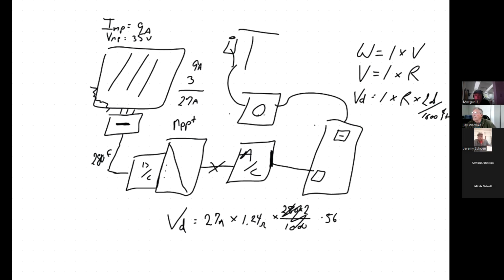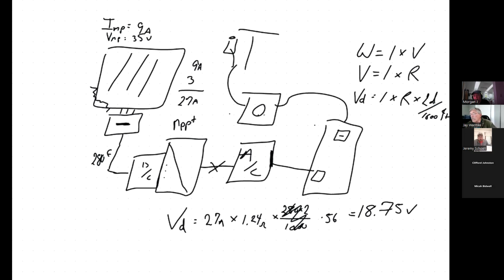Everybody see that? All right. So then we do the math and we say 27 times 1.24 times 0.56 gives me 18.75 volts. So it's saying from here to here under this scenario, I'm losing 18.75 volts.